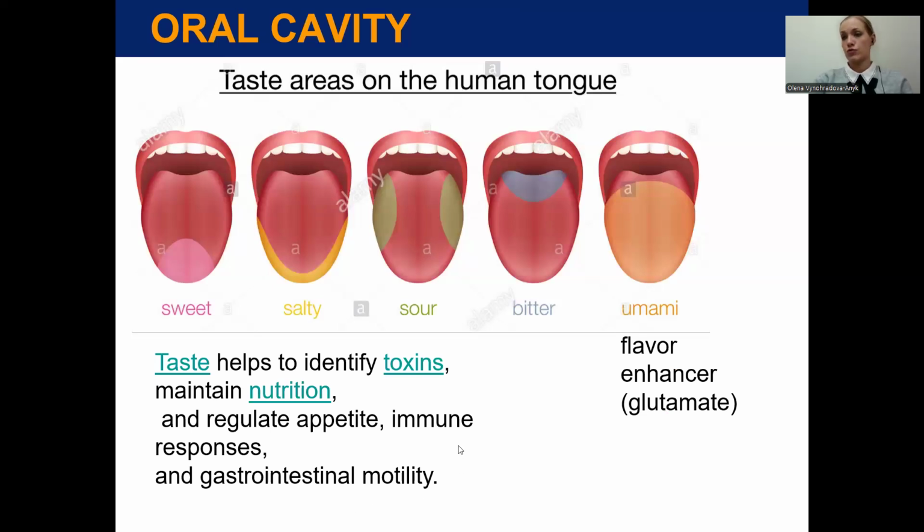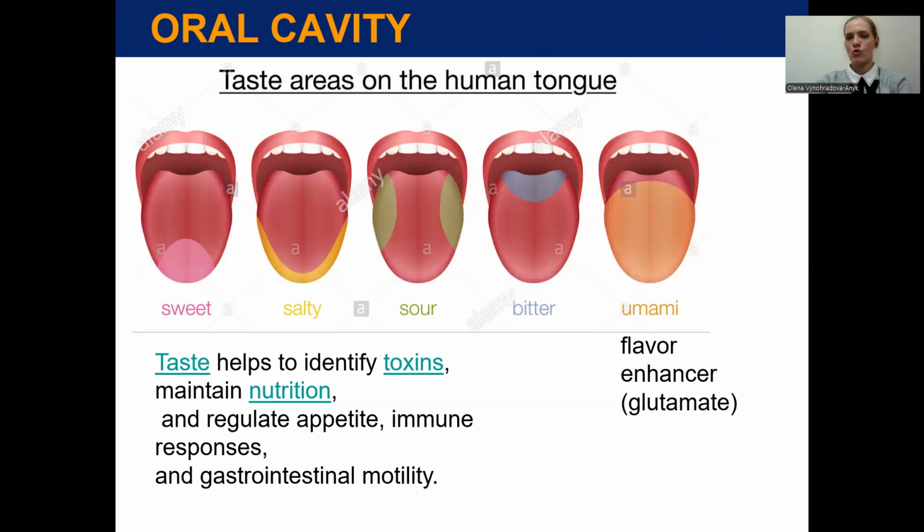Taste helps us, first of all, to identify toxins, maintain nutrition, and regulate our appetite and immune response, and it also influences gastrointestinal motility. Even from our oral cavity, we can induce not only motility, but secretion of gastric juice and the working of our liver and pancreas.